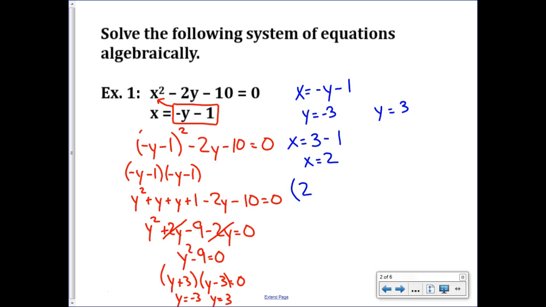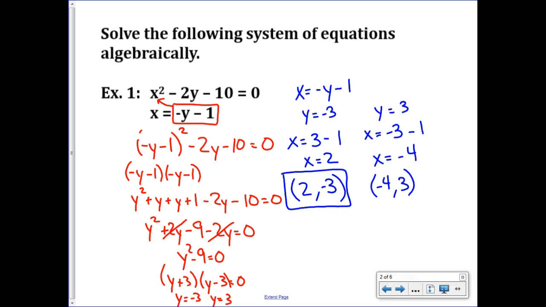So this one is going to be 2, negative 3. And then x equals the opposite of positive 3 is negative 3 minus 1. So x equals negative 4. So our answer here is negative 4, 3. So there's our two solutions to that system of equations.